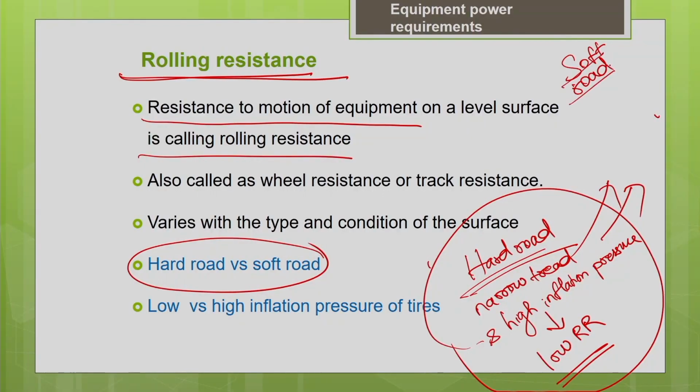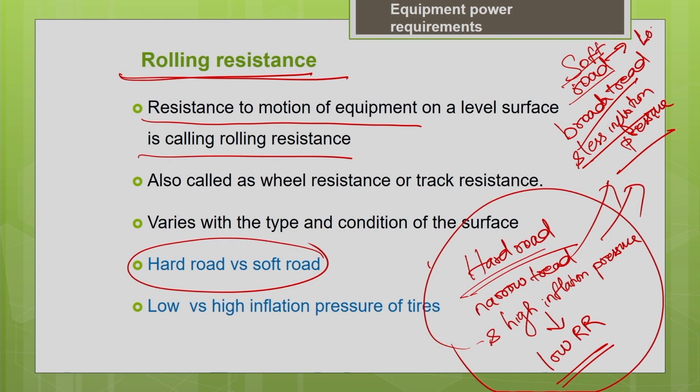That is why in the soft road you should have a broader tread, that is wider tires, and you should go for less inflation pressure. This will give you low rolling resistance in the soft road.